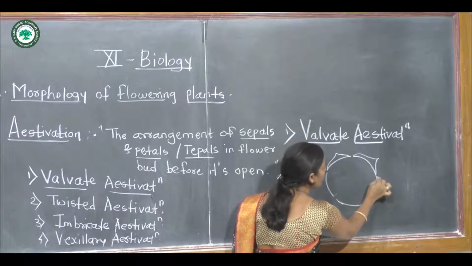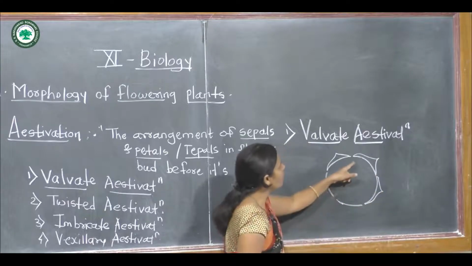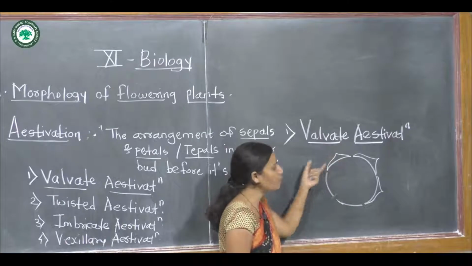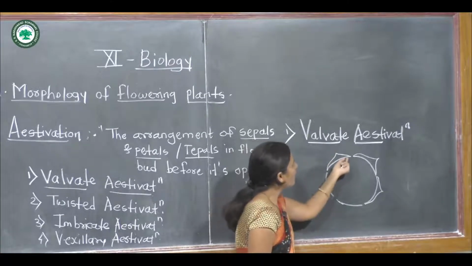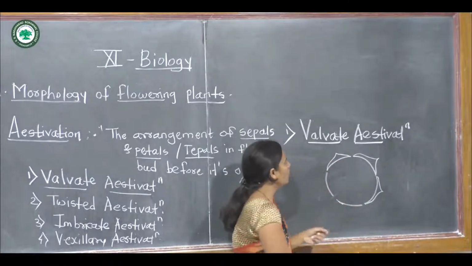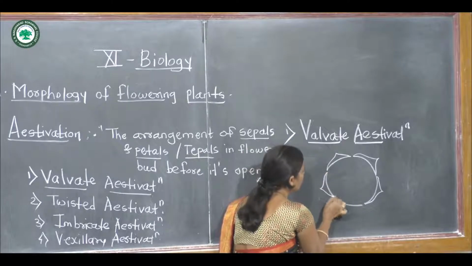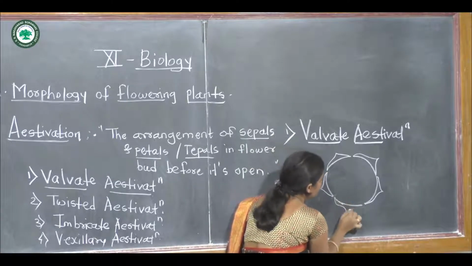They are not overlapping. The sepals or petals do not overlap each other, only the margins touch each other, and this estivation is called valvate estivation.